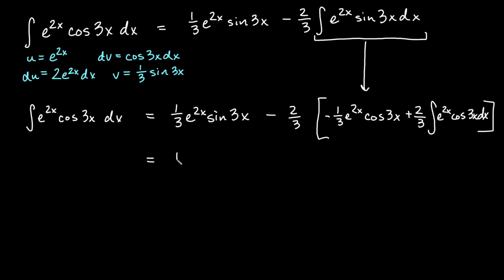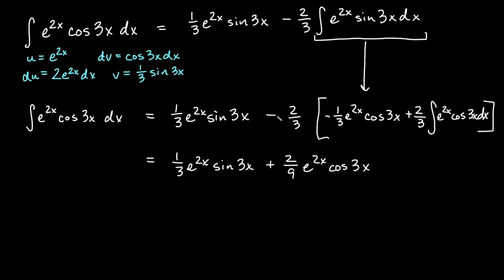So we will have 1/3 e to the 2x sine 3x staying as part of our answer. If I distribute this there, I'll get a plus 2/9 e to the 2x cosine 3x.